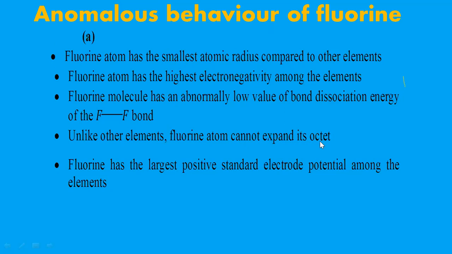Linda, can you give 3 reasons as to why fluorine behaves anomalously compared to the other elements in group 7? Give 3 reasons. Fluorine atom has the smallest ionic radius compared to the other elements. That's wrong, Linda.